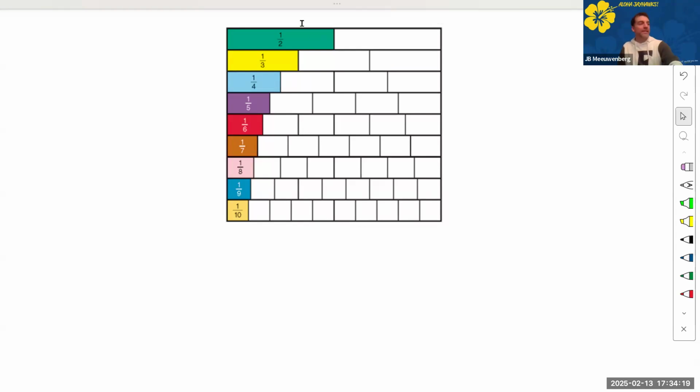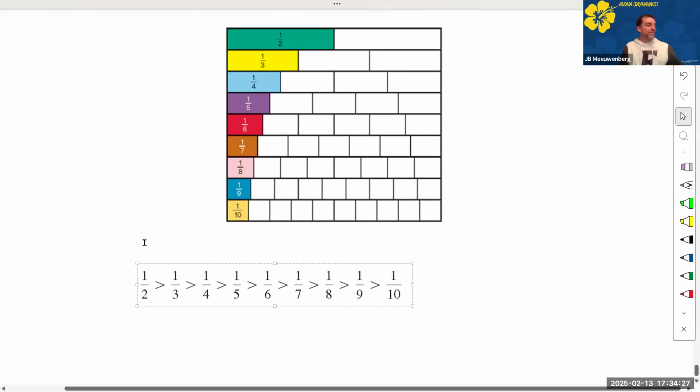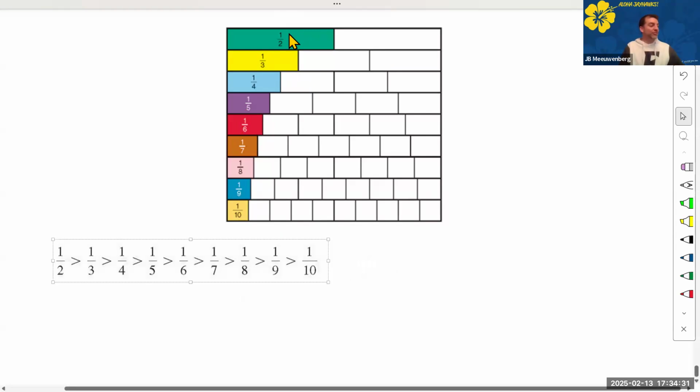And so we can look at these descending colored sections here and make this statement that 1/2 is greater than 1/3, which is greater than 1/4, which is greater than 1/5, which is greater than 1/6, and so on and so on.